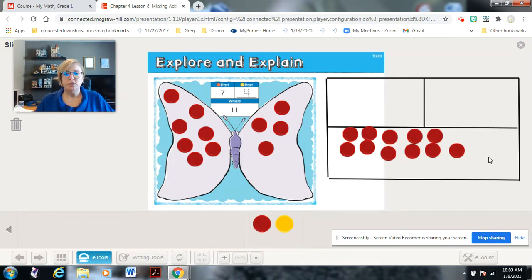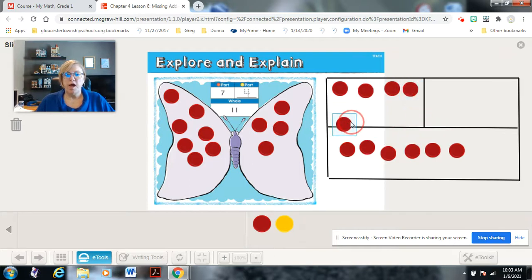So I always like to start with the sum or the total or the whole at the bottom. And right now I have 11 counters in the whole part of my chart.